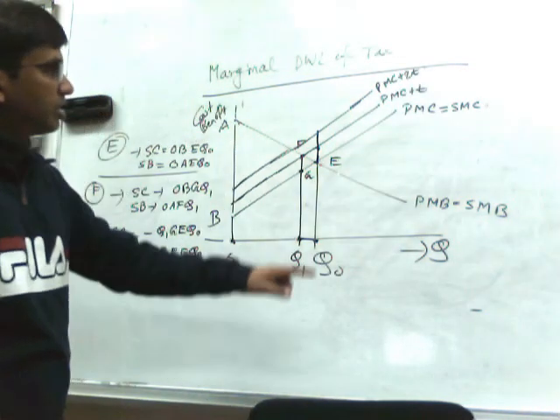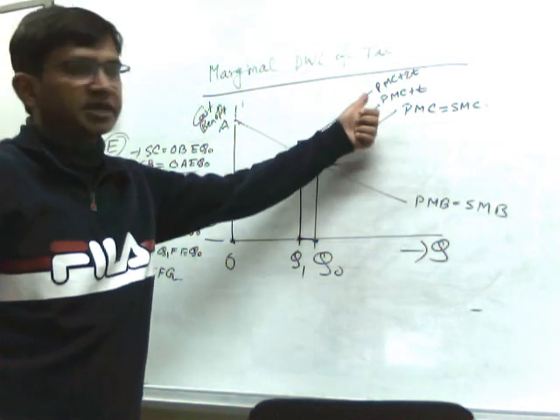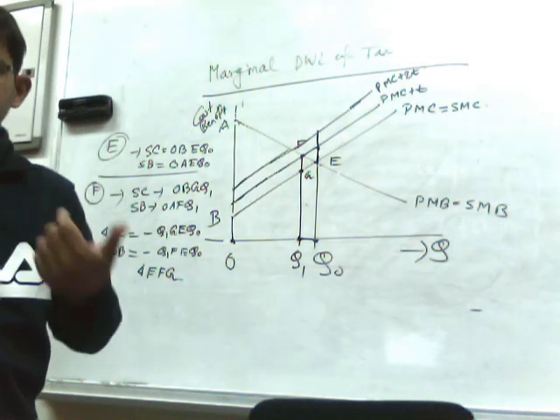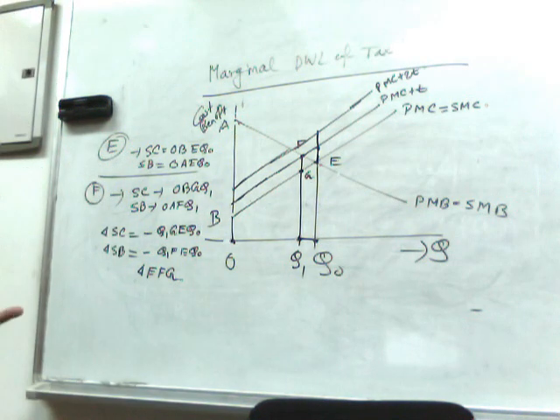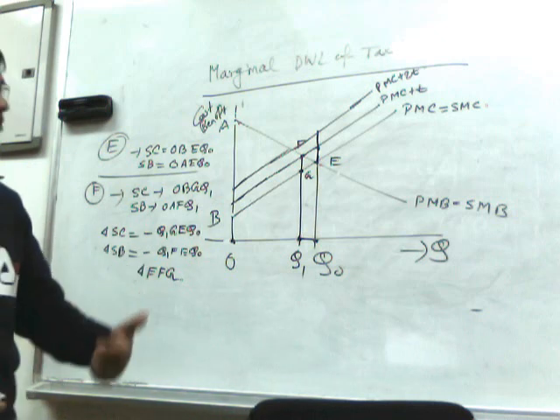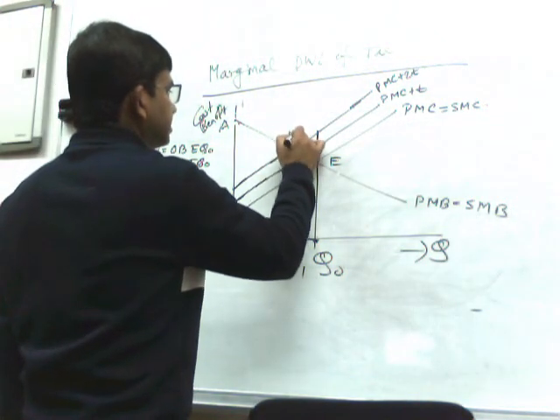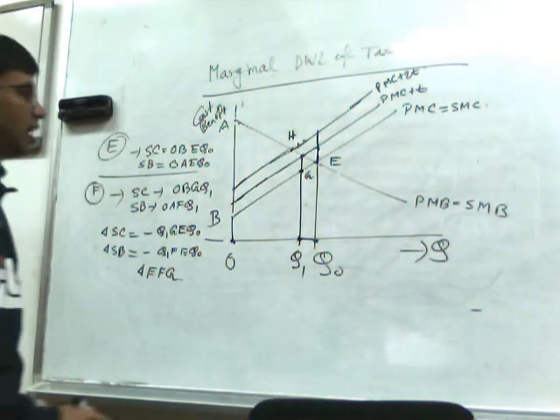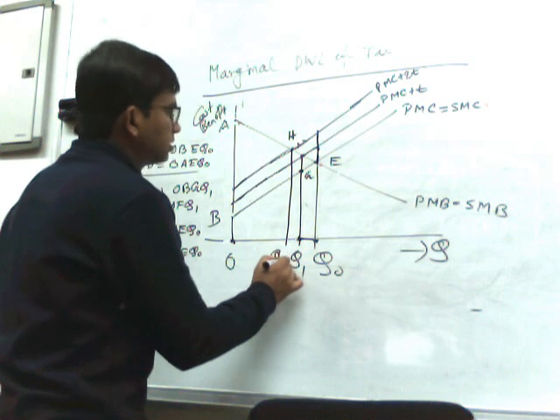So if we move from PMC to the first tax and second tax, every time the tax rate is increased by the same amount. So again we will find the equilibrium moves from point G to point H, and the equilibrium level of output becomes OQ2.